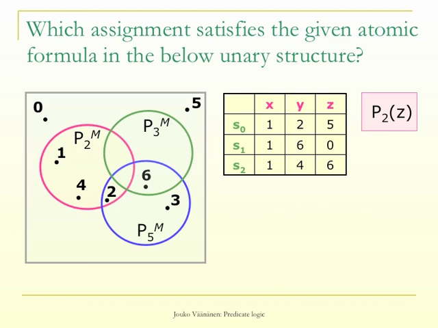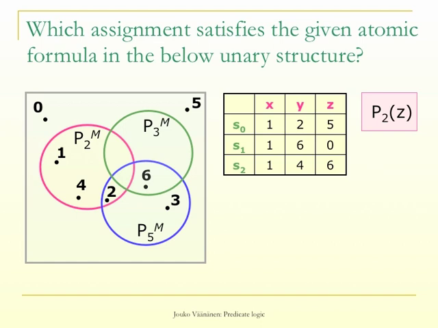Which assignment satisfies the atomic formula P2Z in this unary structure? We are given a unary structure with three unary predicates P2, P3 and P5. And we are given three assignments S0, S1 and S2. Since the formula we are looking at is P2Z, we should look at the value of Z in these assignments.